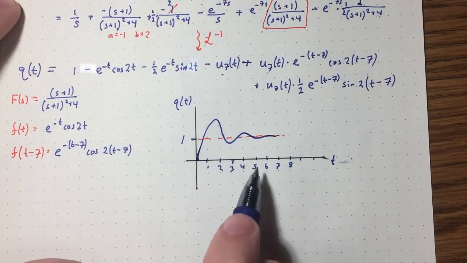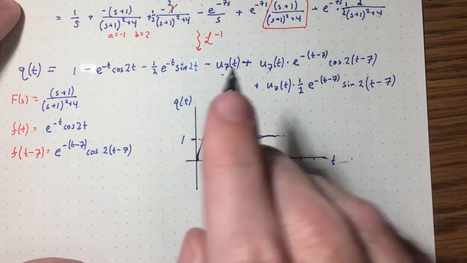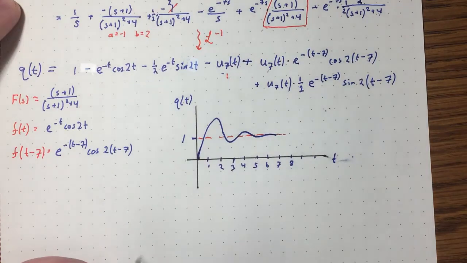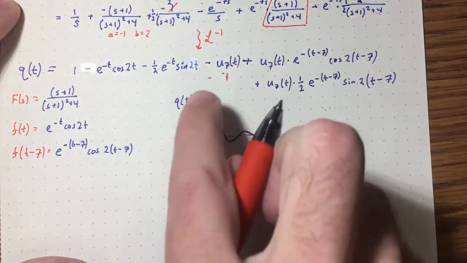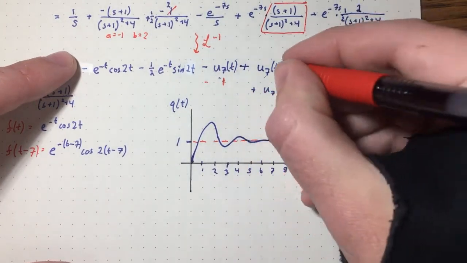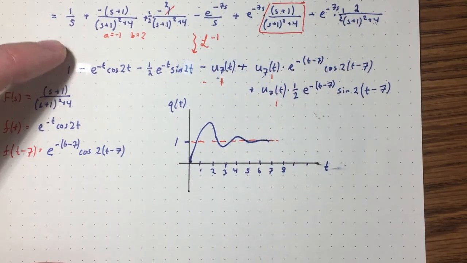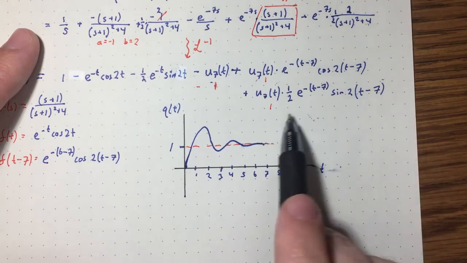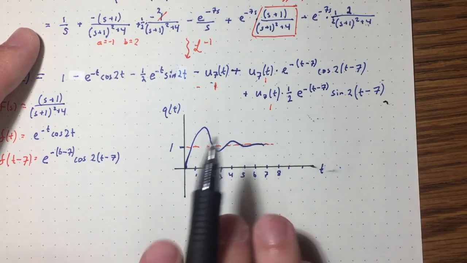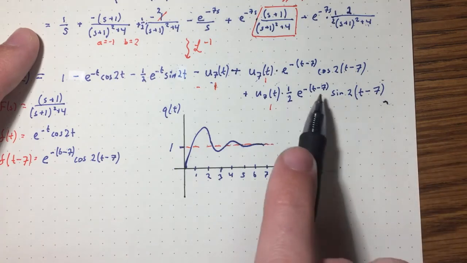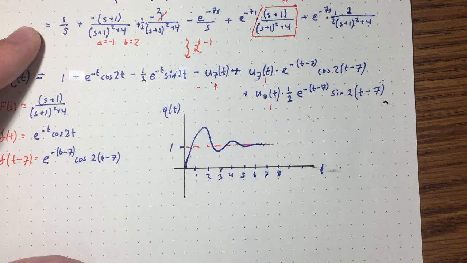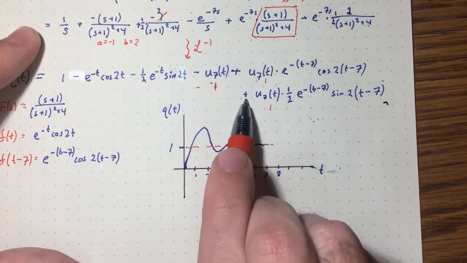What happens at t equals 7? These all turn on. This part becomes 1 at t equals 7. So I actually have a minus 1. That will cancel out with that 1. These become 1 also. And so I have these decaying oscillations. They look just like these ones, but they're shifted to the right by 7. See that? I've replaced all the t's with t minus 7. And they have the opposite sign, it looks like, right?